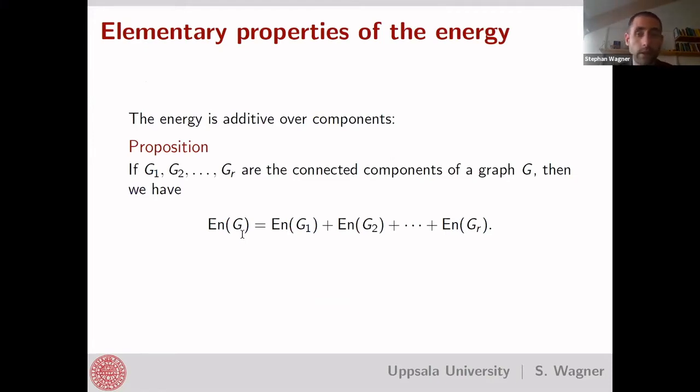So one property that's certainly nice and useful is that it's additive over components. If I have several connected components, then the energies just add up. And that's a consequence of the fact that I'm just taking the union of the spectra of the different connected components. So the sums of the absolute values simply add up, getting the energy of the whole graph.